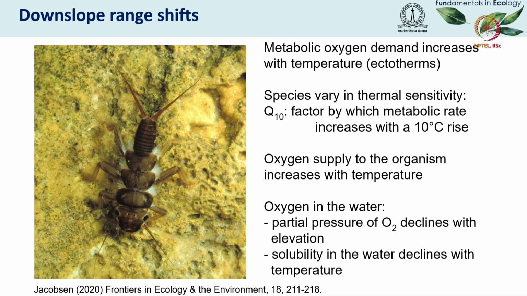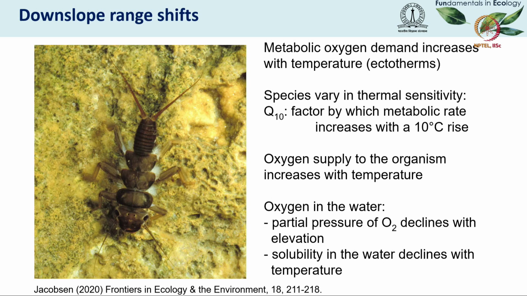Now, as temperatures rise in these montane freshwater systems, in these streams in mountains, metabolic oxygen demand also increases. So the demand for oxygen for these species also increases. And species vary in their metabolic sensitivity.